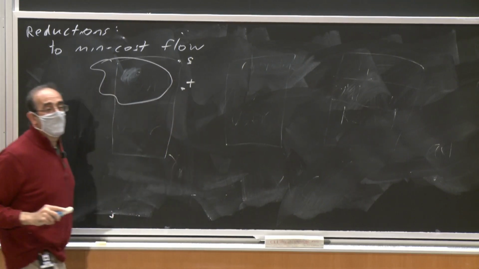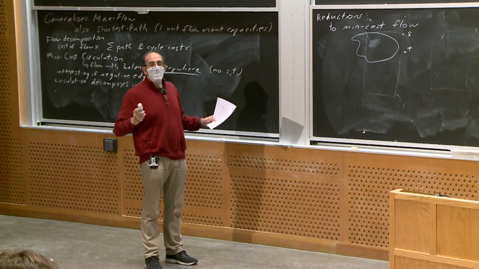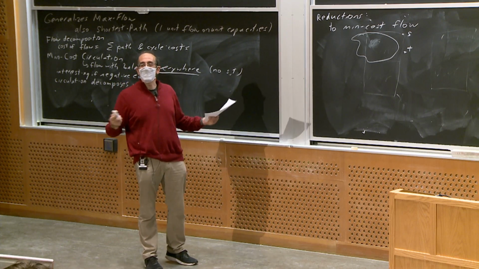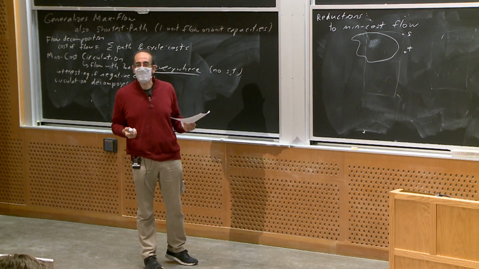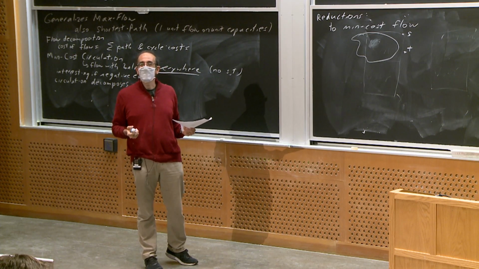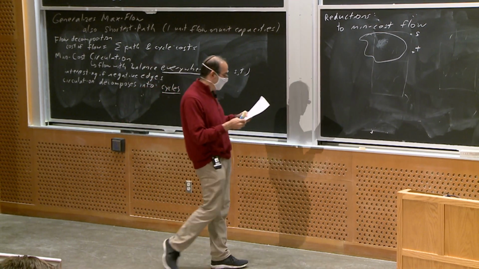Here's my sink. Find me a min cost max flow. What's the max flow from S to T? Well, there isn't any. It's 0. But you still need a min cost version of the 0 flow. And so that will force you to find a min cost circulation in the rest of the graph. So it's cheating, but it's not cheating. It's correct.